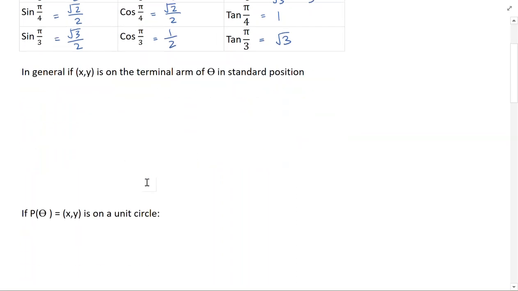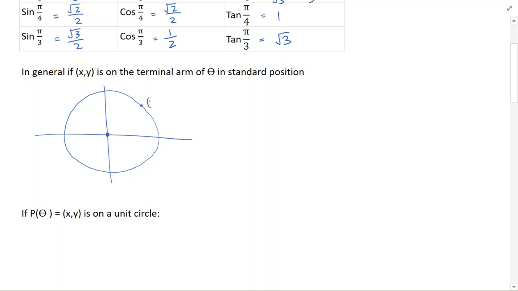So the first thing we're going to look at here is, in general, if any point x, y is on the terminal arm of some angle in standard position, this is what it will be like. We have some point, and we're going to think of a circle here, with the origin at the center. I know my circle is not perfect.